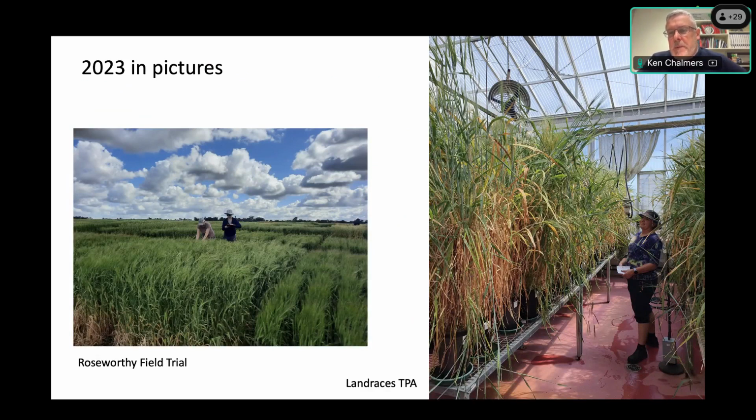But unfortunately, the passport data probably wasn't as accurate as we would have liked. And we've got some material that's more than 2 meters tall. Well, a lot of it's a lot more than 2 meters tall. So it's very difficult to work with in the glasshouse. And I don't think under Australian conditions we'll be putting it out in the field anytime soon.